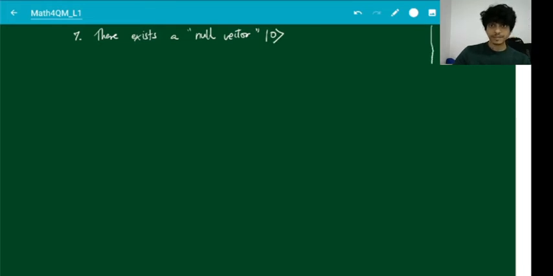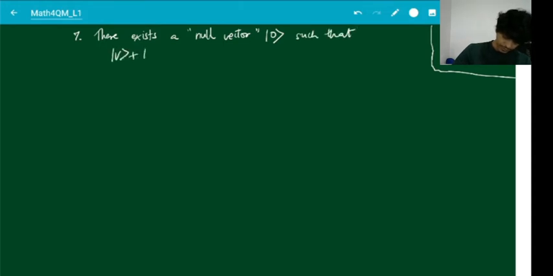And the property of this null vector is it acts like the 0 vector. So you add any vector to it, you get back that same vector. Null vector 0 such that any vector V when you add to 0 gives you back V.